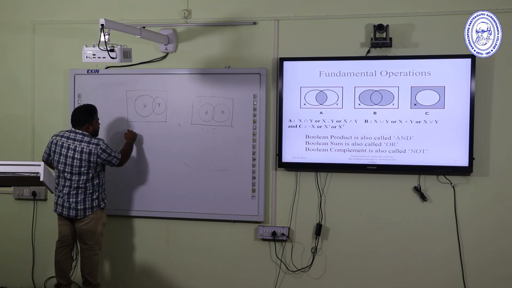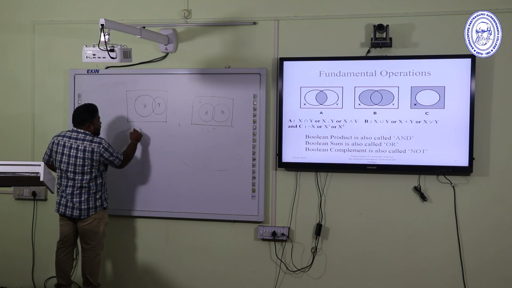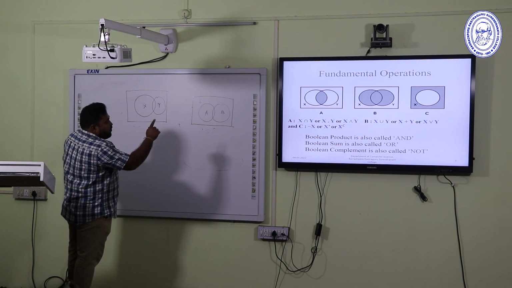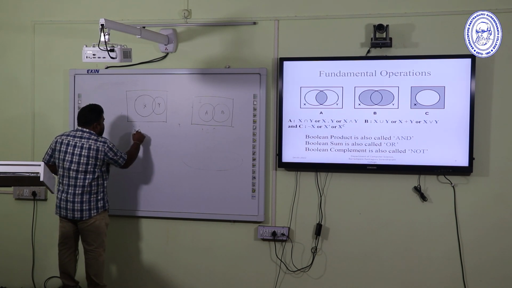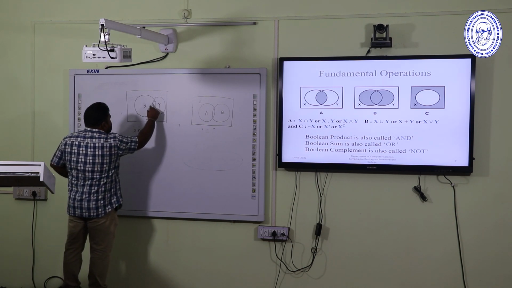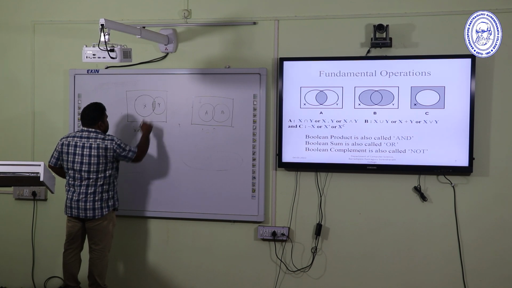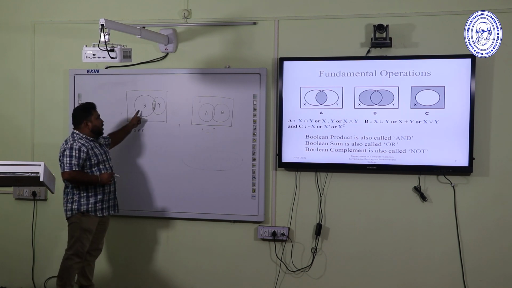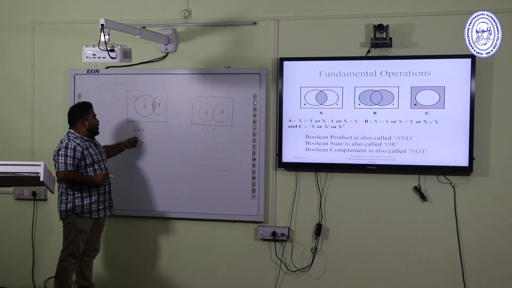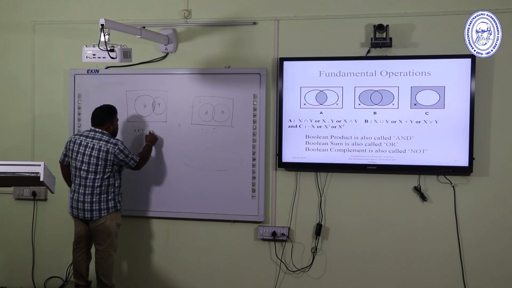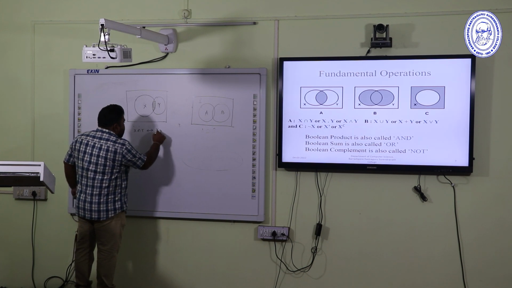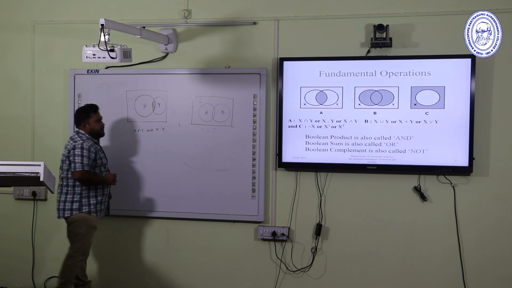From the first picture, we are noticing that x intersection y, that is this part, which is the common part of x and y, will be derived by x intersection y, or it can be represented another way, that is x product y.